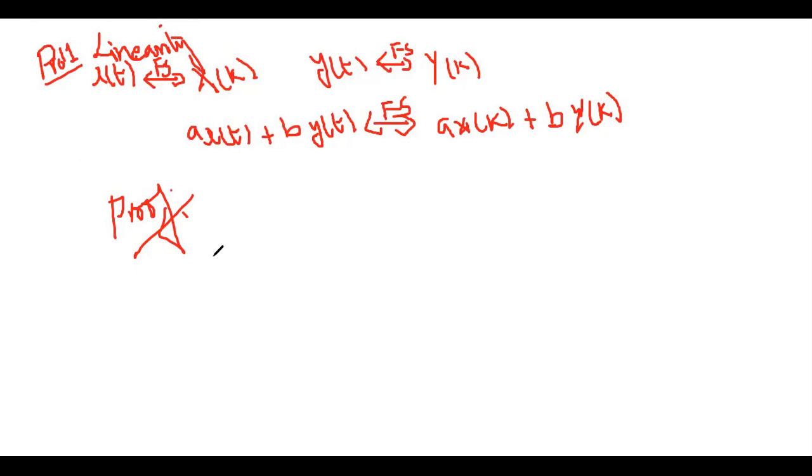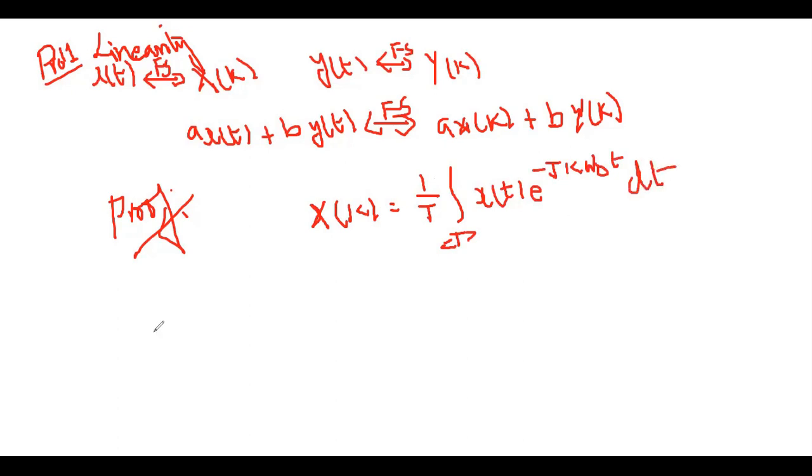The analysis equation says that the capital X of k is equal to 1 by T, the integral over the period T, of x of t e power minus jk omega naught t dt. This is the analysis equation, my students.